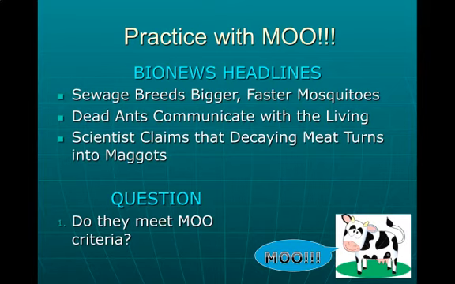This is claiming that the decaying meat turns into maggots. So you would have to find some way to observe the meat transforming into a maggot. So as long as you could find that, then yes, it would be observable. Is it objective? I would say this is pretty fact-based. If you could show all this, then yeah, it technically meets moo.